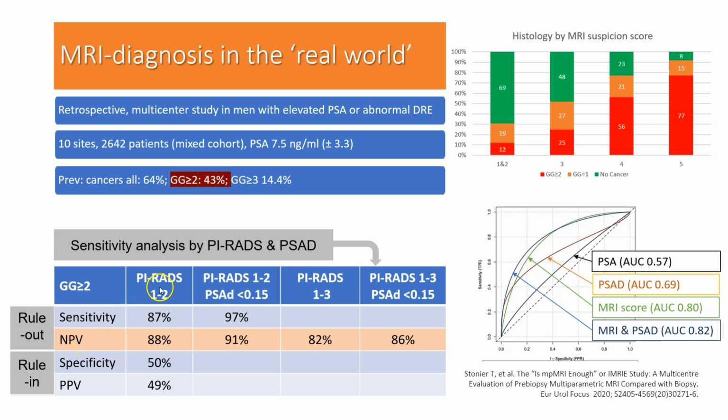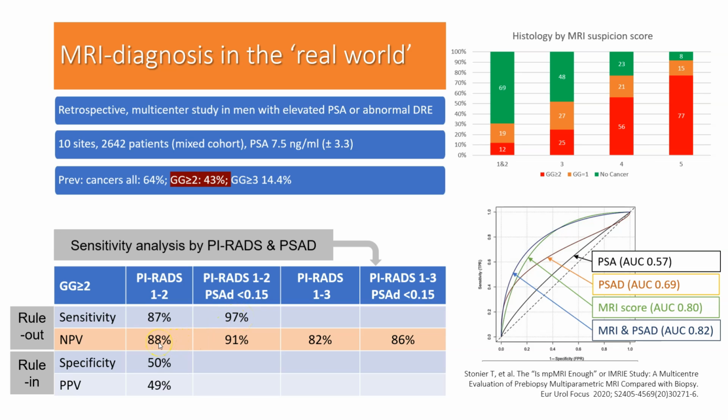So here you can see that if you applied PI-RADS 1 and 2 as being a negative test, then the sensitivity for ruling out disease would be about 87%, but if you added that to the PSA density, then that improves by about 10%.